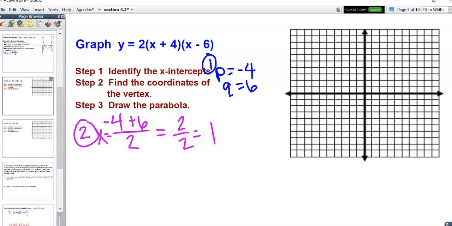There's our axis of symmetry. So then if we're going to find the y value of our vertex, we need to substitute 1 in place of x and then solve. So we'll write y equals 2 times 1 plus 4 times 1 minus 6.